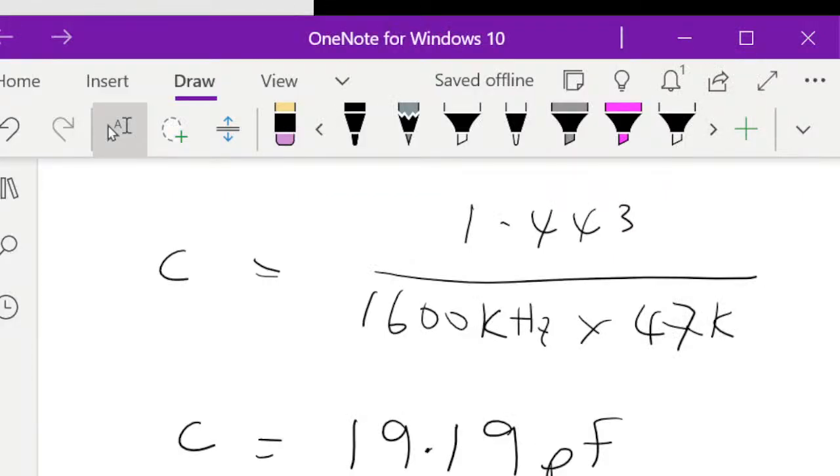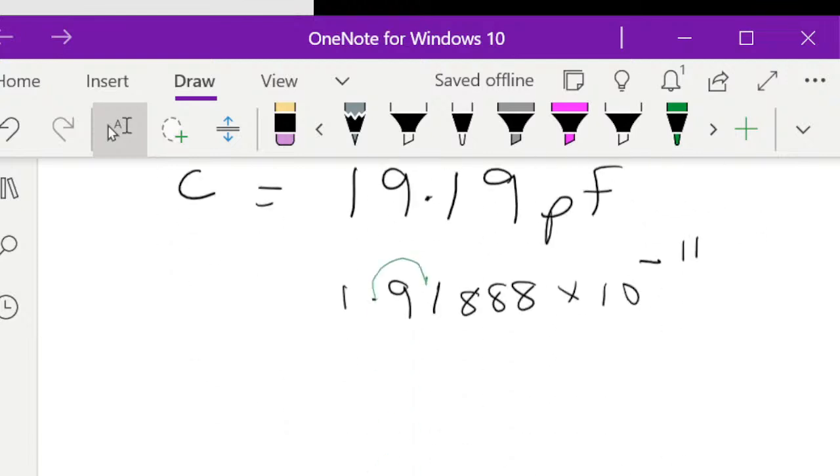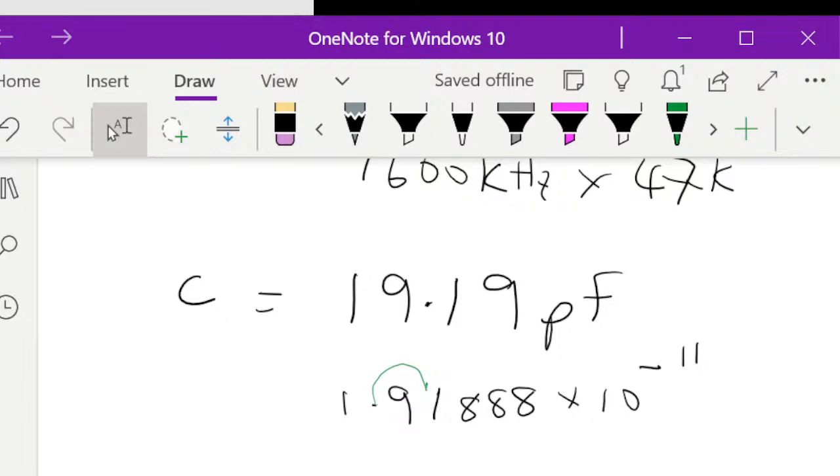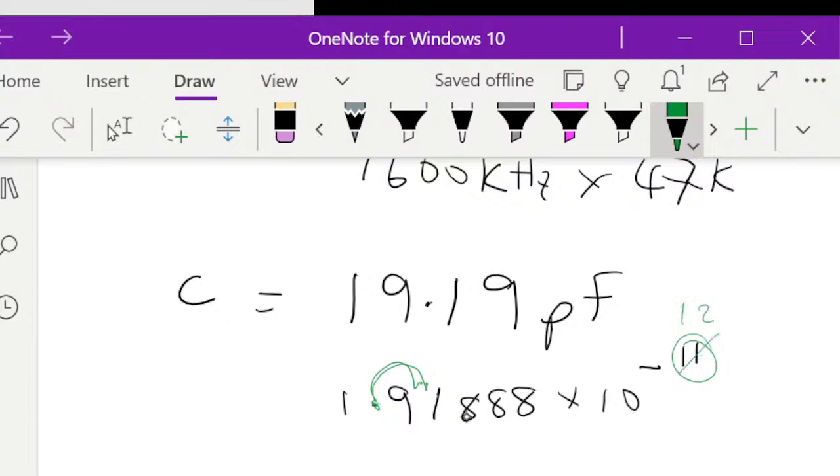When we move this decimal from here to over here, then the exponent has to go to 12. Right, so that's how we got this.